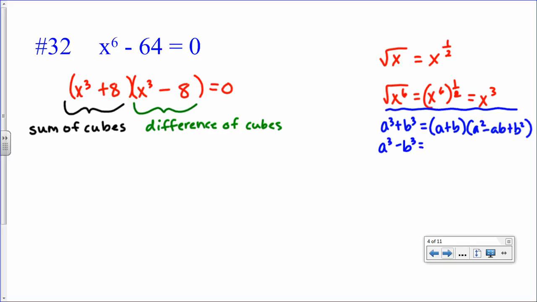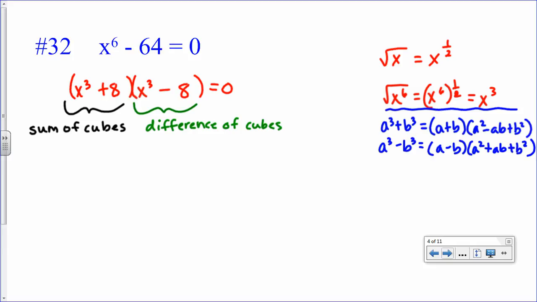And then the difference is a minus b, a squared plus ab plus b squared. So this is where you only look at the signs here to know that, okay, I'm doing the sum formula.